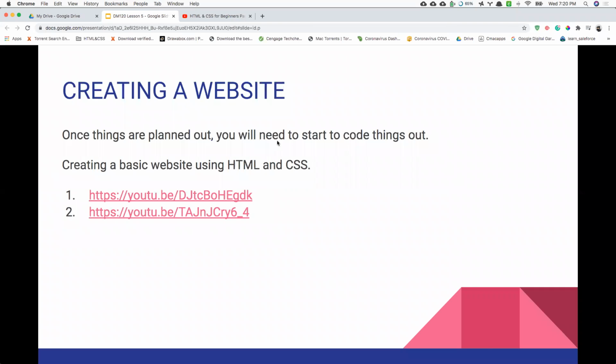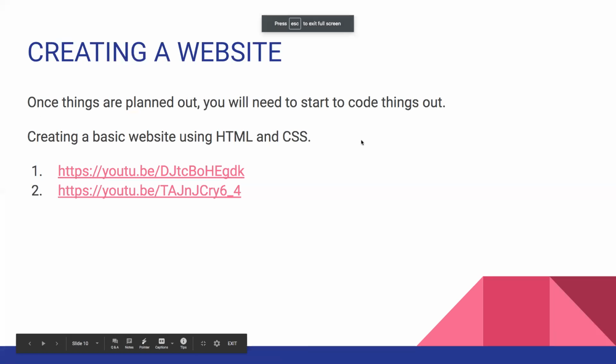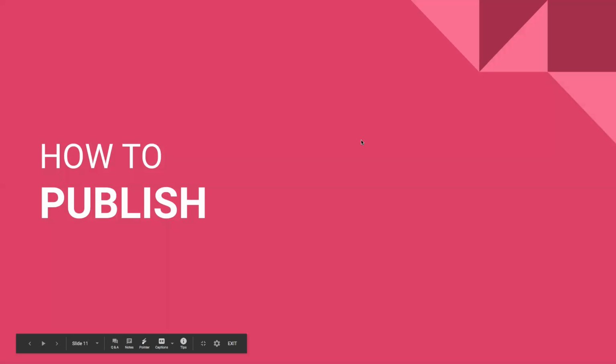Okay, so let's go back to our slides. Now, the most important question. So you made your website, now what to do with it? Everybody has their website on the internet and you know how to make it now, but there's a whole lot of things that you need to understand in order to publish your website.